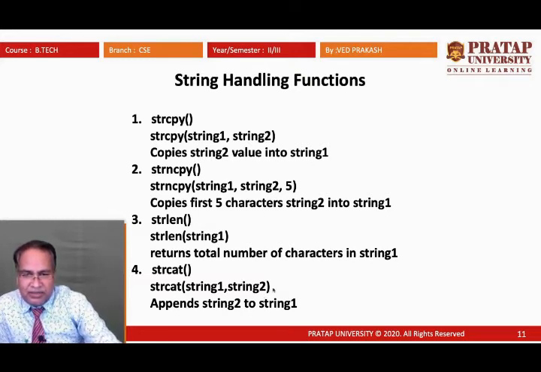That is the syntax of this function. Here we mention string 1 and here string 2. String 1 is the string to which we want to append, and string 2 is the string to be copied into string 1.